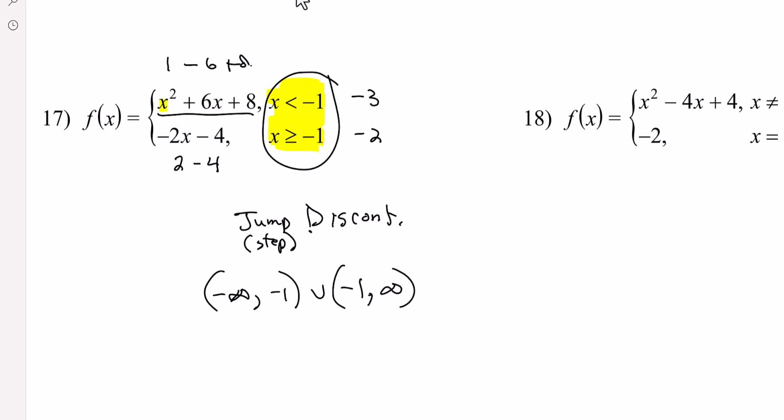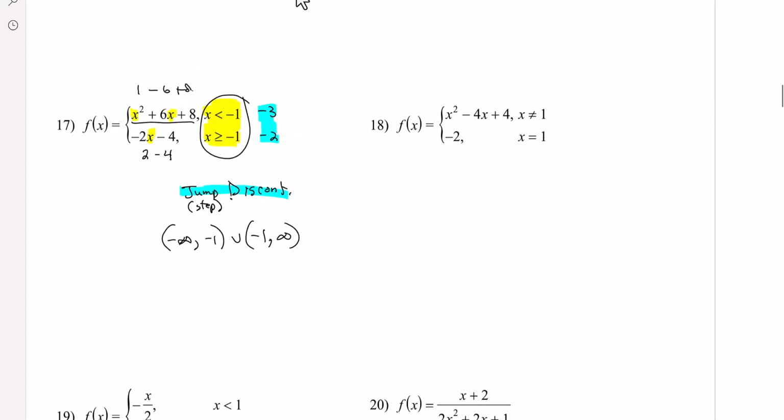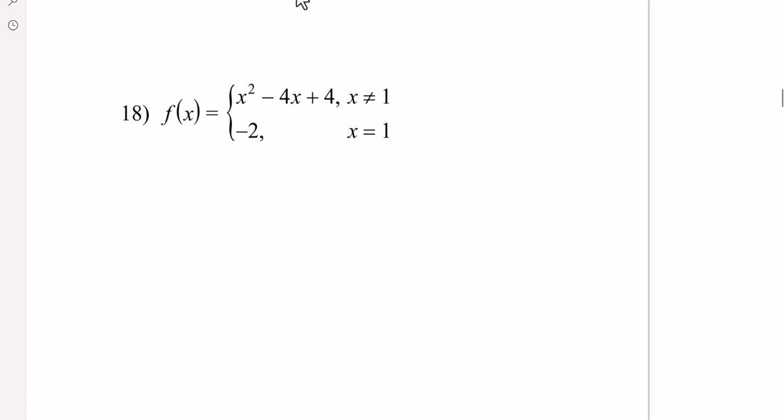You plug that value into each piece of the function, and if their heights are different, on this type, jump discontinuity. So unless this height right here is negative 2, jump discontinuity.